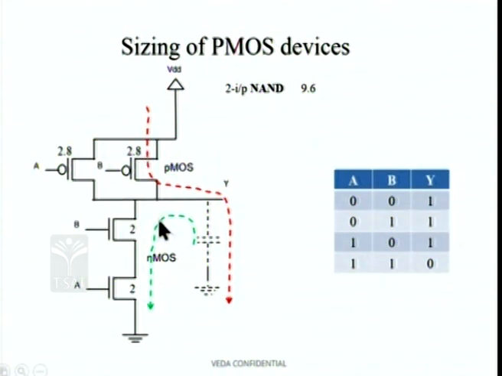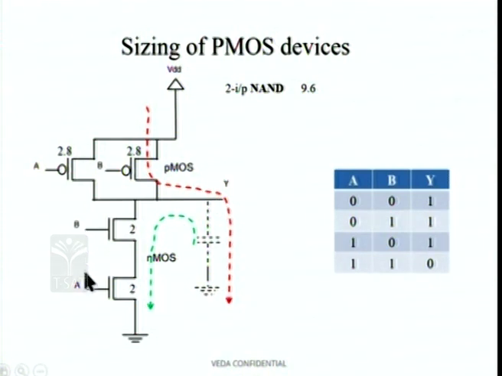Now, if you look at this 2-input NAND gate, if both A and B are at logic 1, then both these devices are on, both are conducting, and the capacitance discharges through this device to ground, and this ground is transmitted to the output as a perfect 0, because NMOS is a perfect transmitter of 0. Therefore, Y becomes 0.